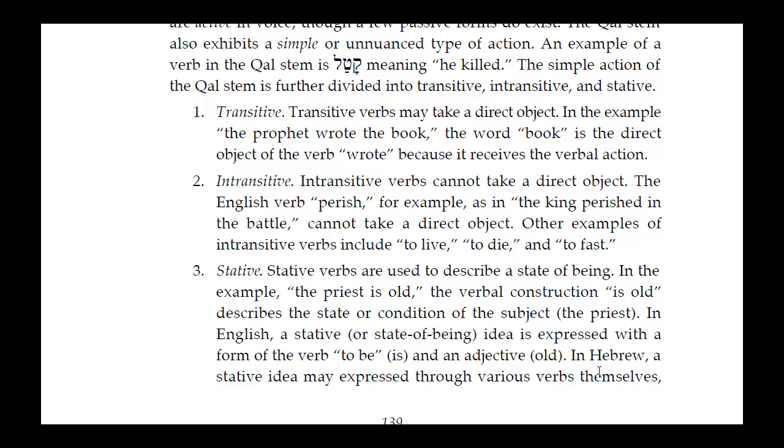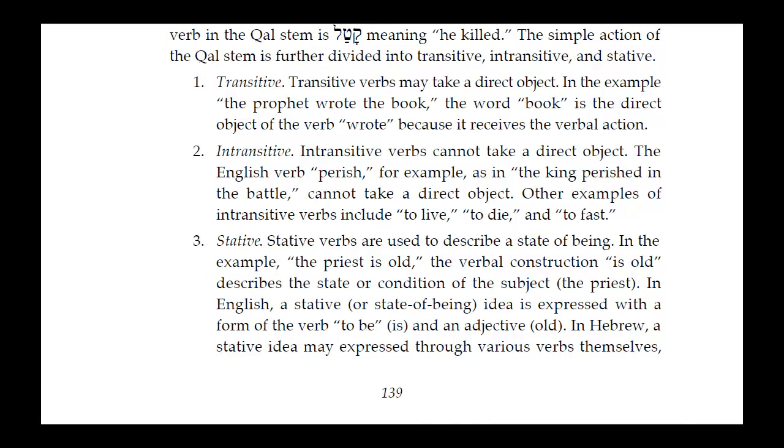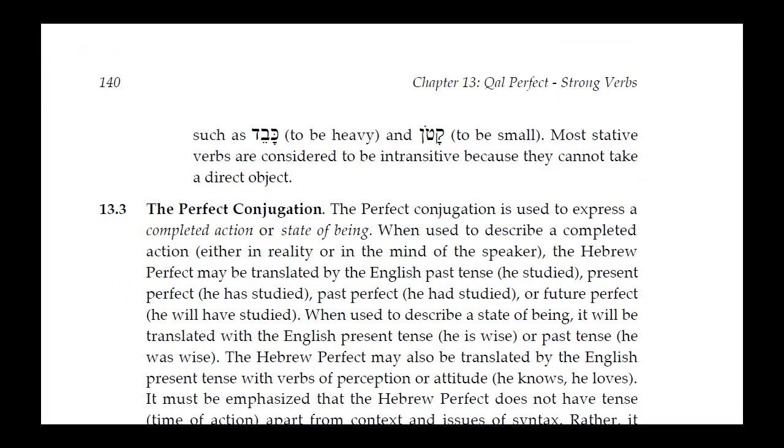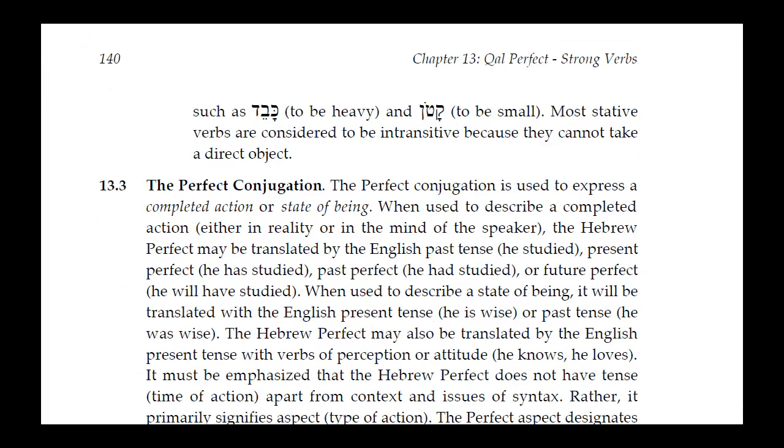In Hebrew, a stative idea may be expressed through various verbs themselves, for example, kaved, meaning to be heavy, or qaton, to be small. Most stative verbs are considered to be intransitive because they cannot take a direct object. Statives are basically intransitive. It tells us the condition about the subject.